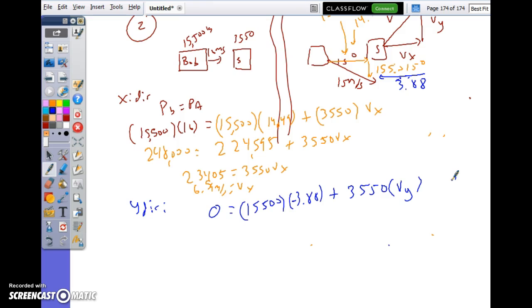So I got 15,500 times that one. So I get 60,176 equals 3,550 Vy. So I get Vy is equal to 16.95.